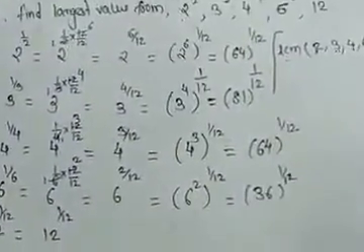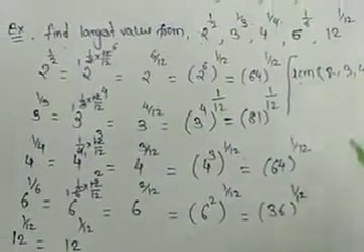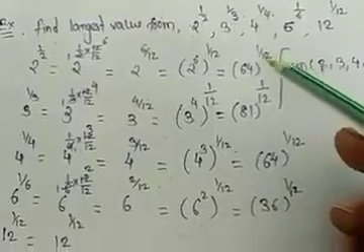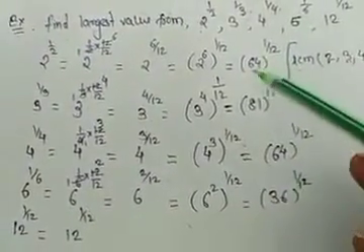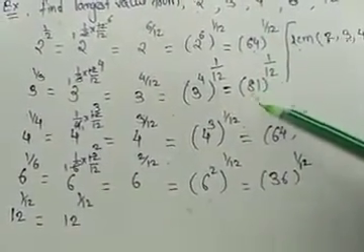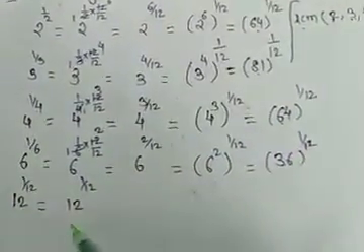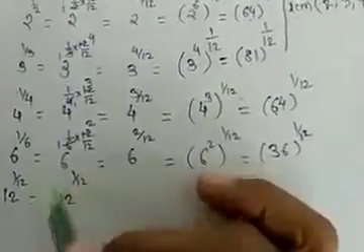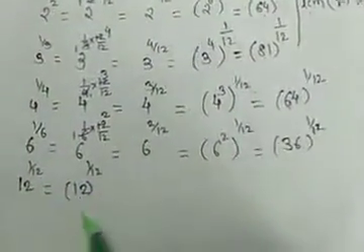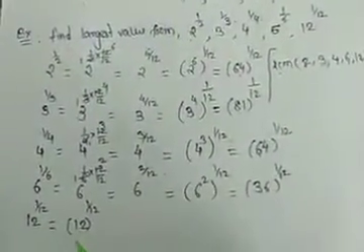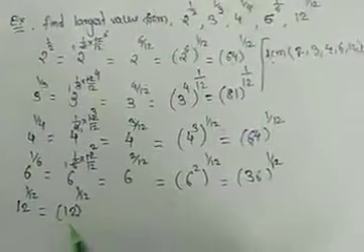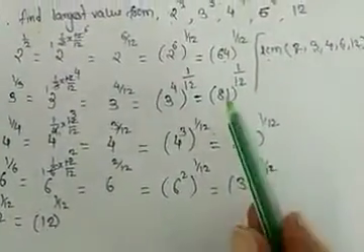Now, in this example, all terms are converted to the power of 1 upon 12. So the first term is 64, next is 81, next is 64, again 36, and last its base is 12. We have to find the largest value. So here the largest base is 81.